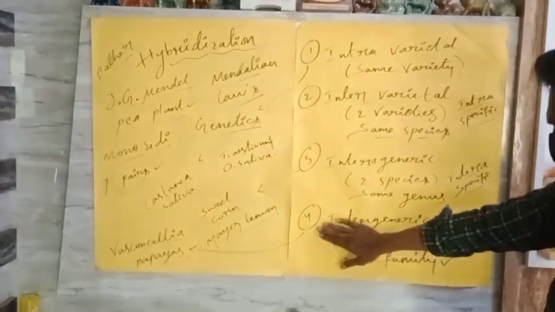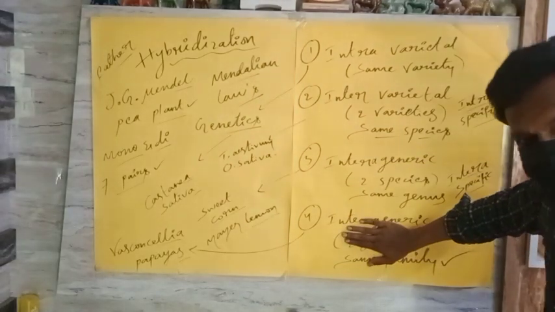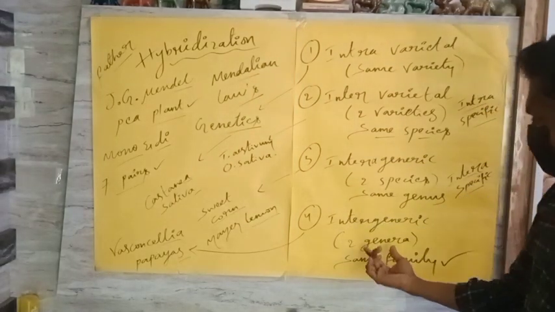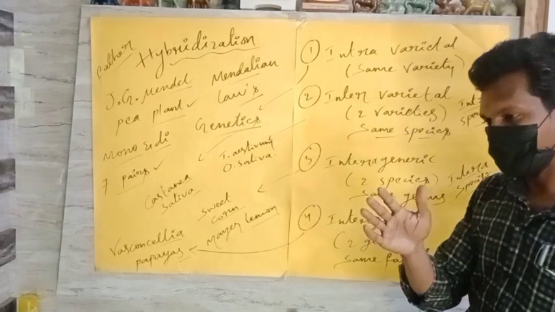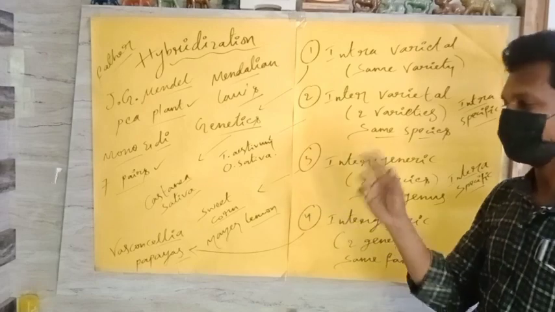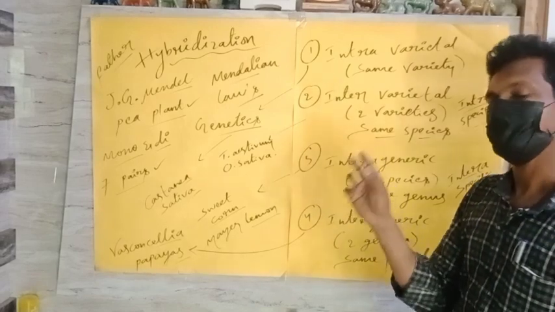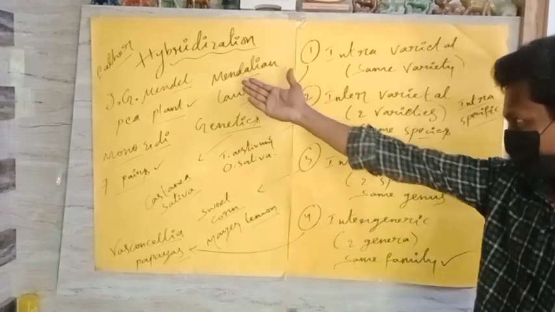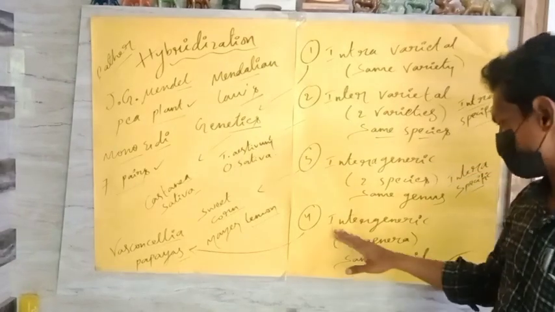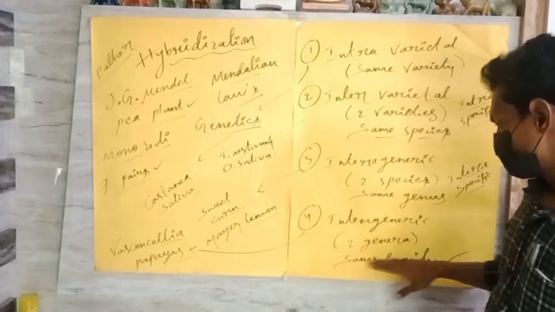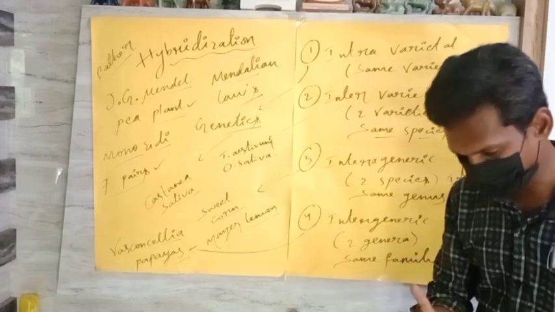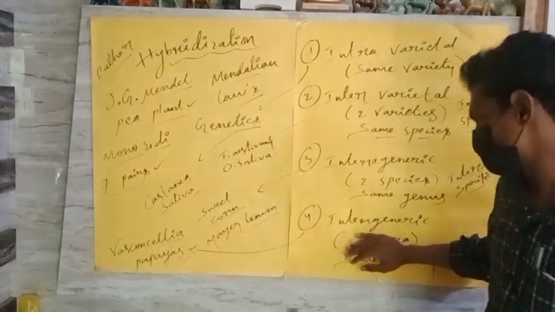And the final one, intergeneric. Intergeneric means between two genera, one genus and one more genus. Between these two genera, if the hybridization technique is performed, that comes under intergeneric. In the sense, two genera are required. The family is the same, genera 2.